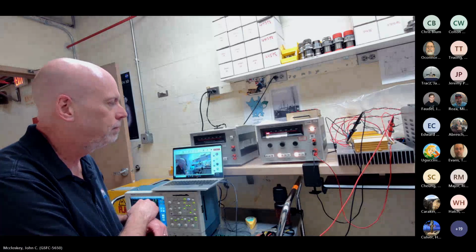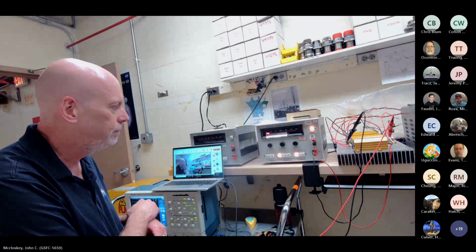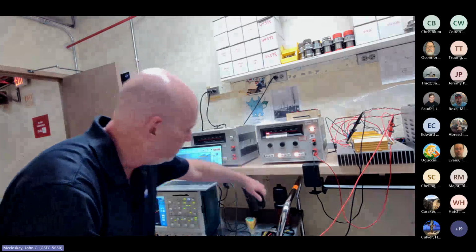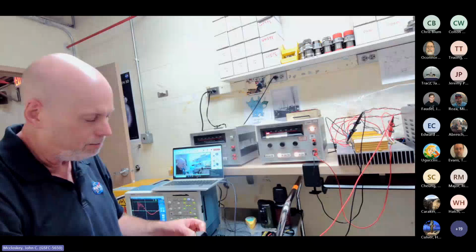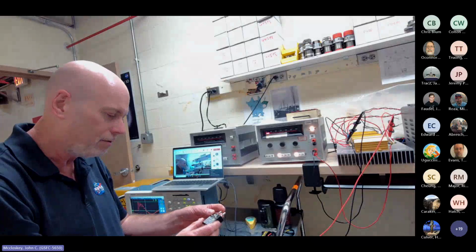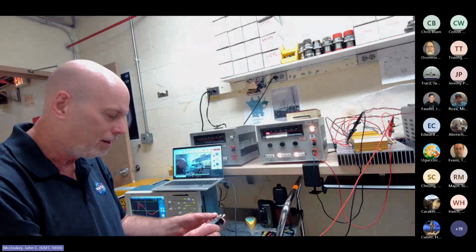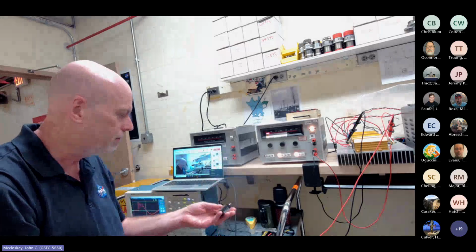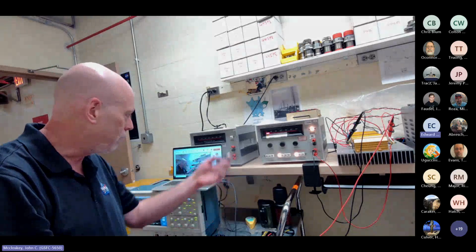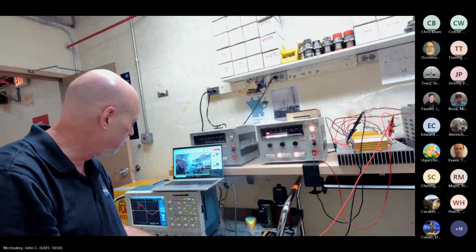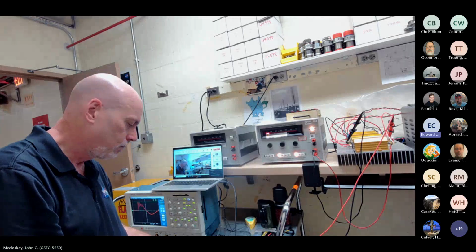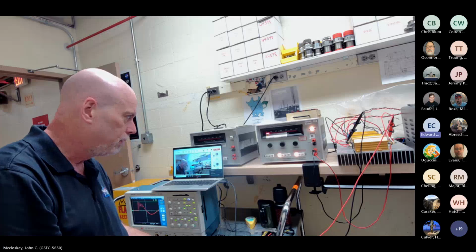So, I mean, this thing, I'm pretty sure, is specified to be non-inductive or non-wire wound. I think it says on the website. It doesn't explicitly say on the label here. It's carbon. It would make sense if it were carbon, rather than wire.